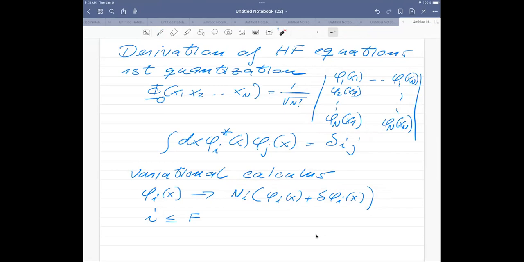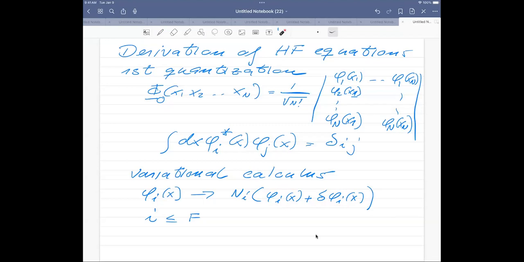So if I make this assumption here, that this is essentially just a small variation of this state, this is not going to lead us anywhere, because when I do use the variational principle and do variational calculus, this state is now the same orthogonal basis which I have used before, but I'm just adding a small change to it. So this will basically lead to the same Slater determinant when I use variational calculus.